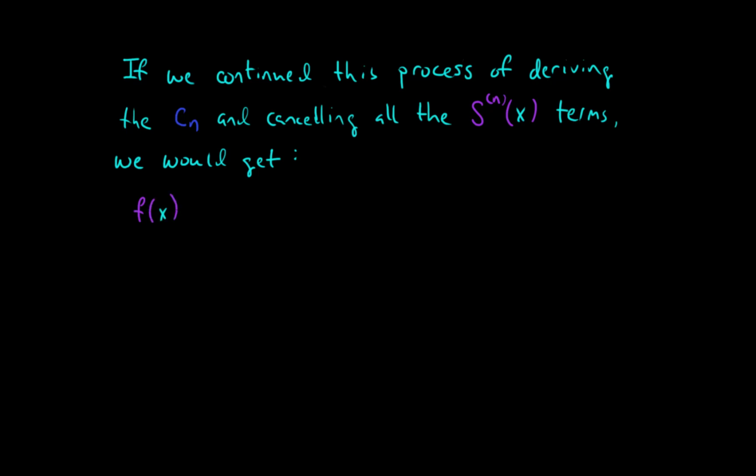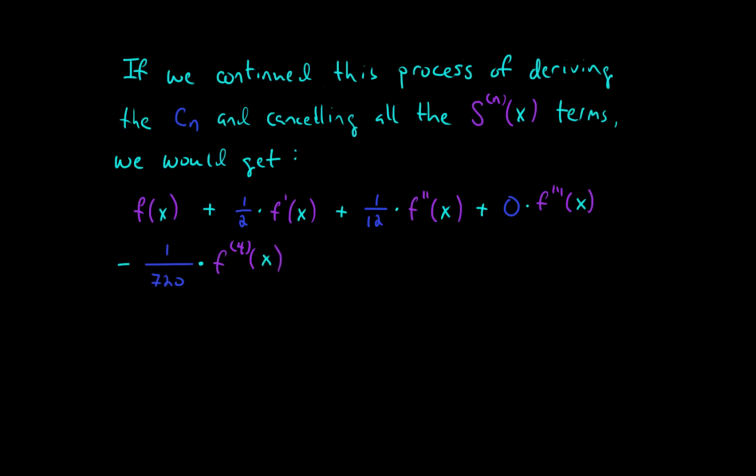Then we would get the equation f of x plus 1/2 times f prime of x plus 1 over 12 times f double prime of x plus 0 times f triple prime of x minus 1 over 720 times f quadruple prime of x plus 0 times f5 of x plus 1 over 30,240 times f6 of x.